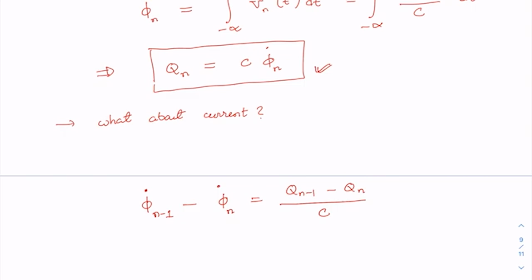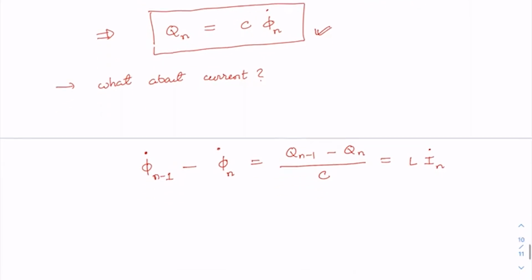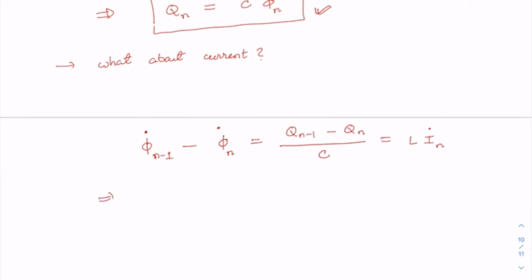And what is this quantity? This quantity is nothing but the voltage drop between these two nodes, and this voltage drop is responsible for the current I n, and this I can write as L I n dot. So we have an equation connecting the time derivative of the magnetic flux to the time derivative of current. If we integrate it, then we will get phi n minus 1 minus phi n is equal to L I n plus some integration constant.